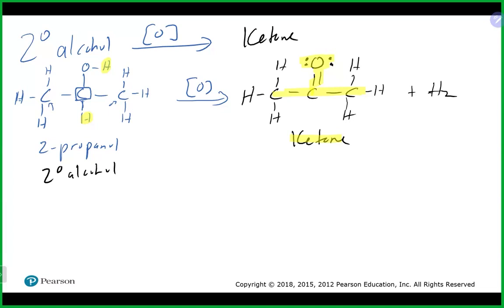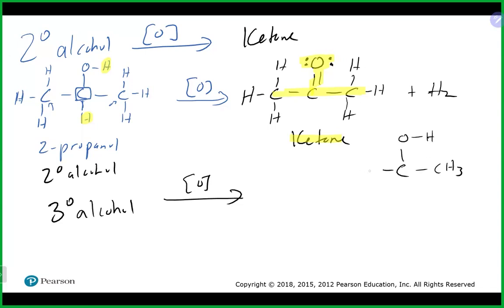Other questions? All right, so let's talk about a tertiary alcohol. So if I take a tertiary alcohol and I go to oxidize it, let me just draw one here. I'm going to do a little OH action, maybe something like this.